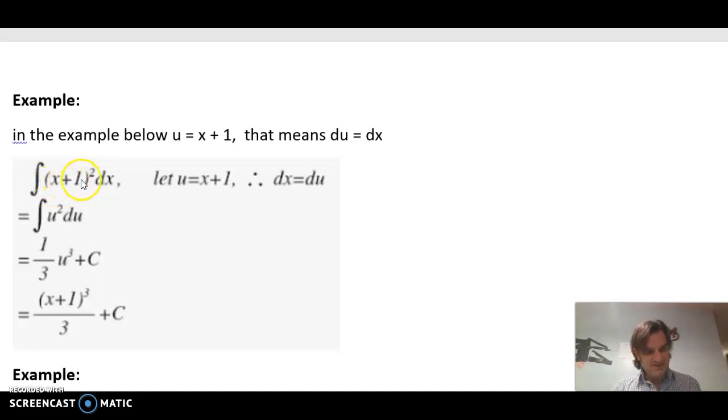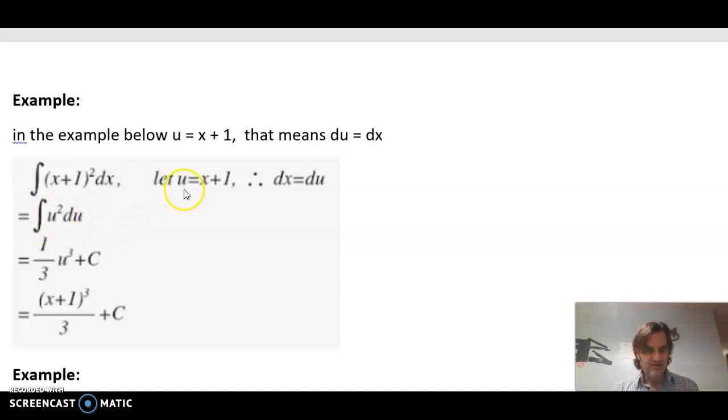So if this was just a variable squared, we'd be okay. But since it's an expression squared, we're going to replace that expression, which is x plus 1, with a variable. So we're going to call x plus 1 u. So where I've got x plus 1 squared, I'll change that to u squared.